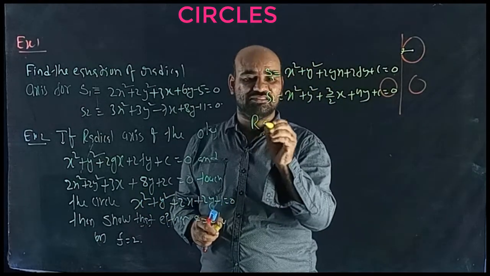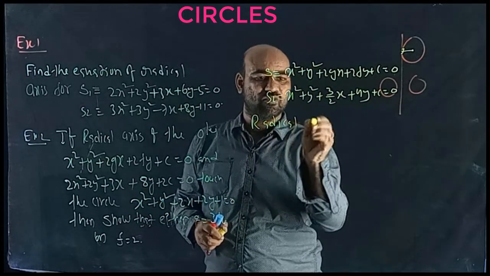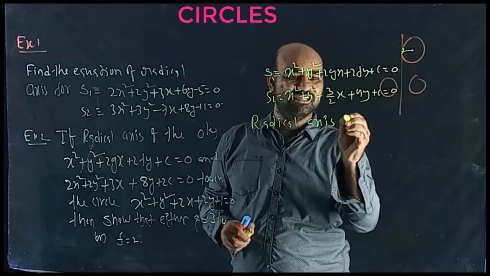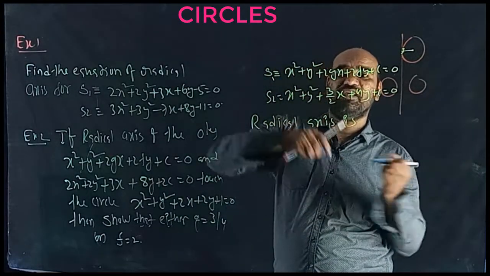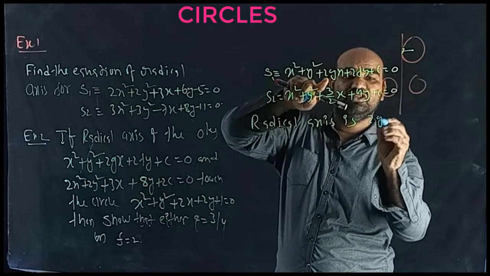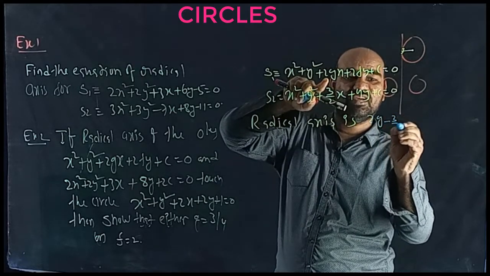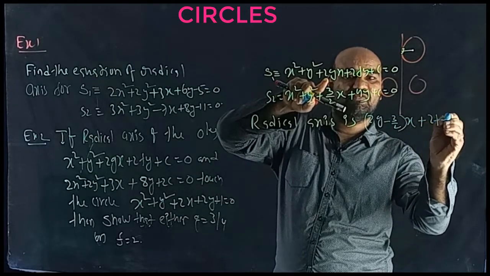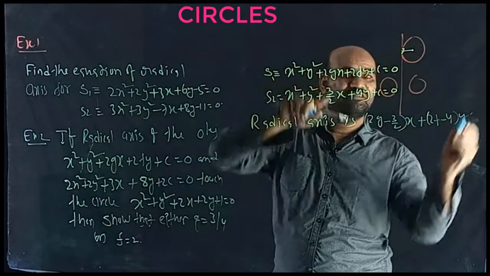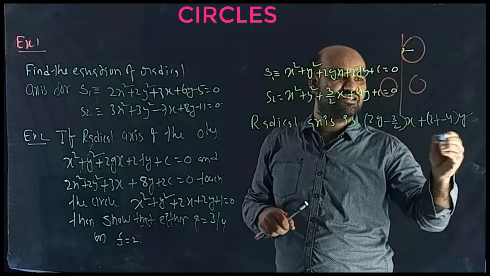Radical axis is just subtraction. So what happened here? (2g minus 3 by 2) into x plus (2f minus 4) into y, c and c get cancelled, equal to 0.